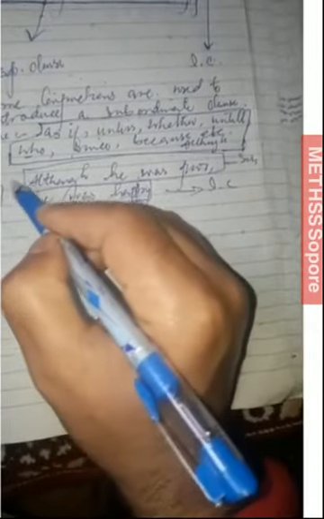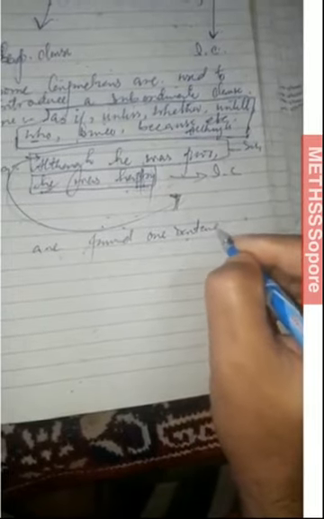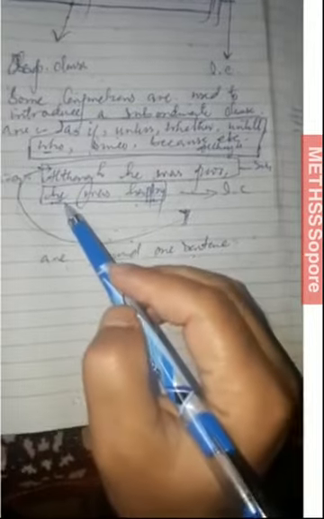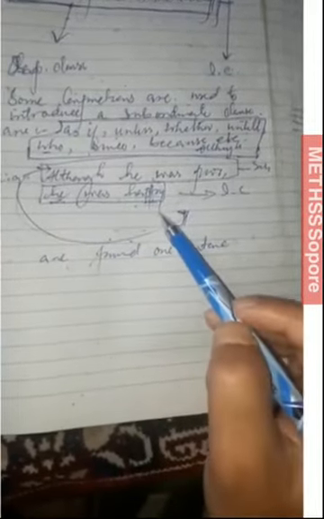So these two clauses are joined in one sentence. This is an example of a complex sentence: although he was poor, he was happy.